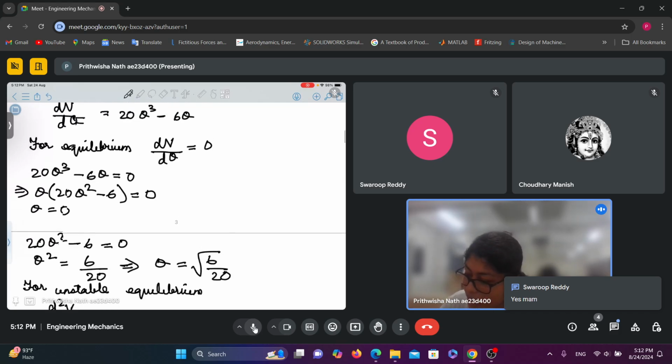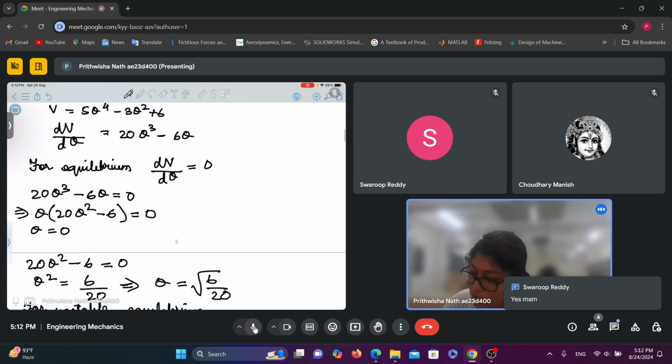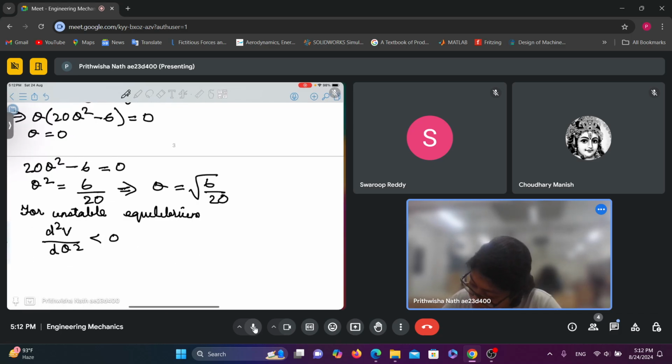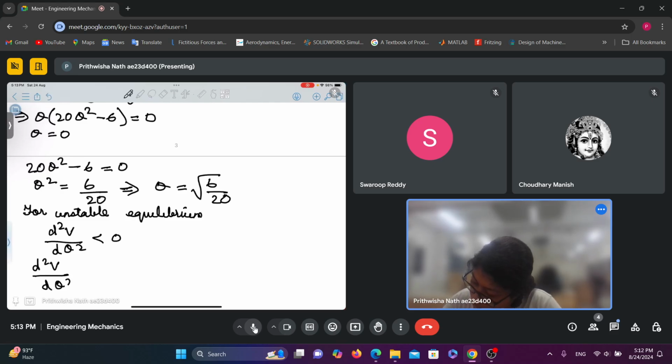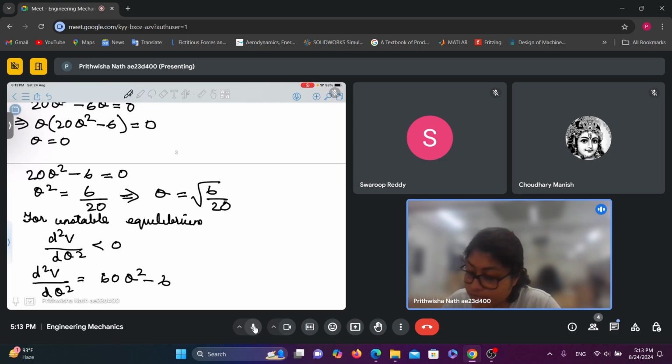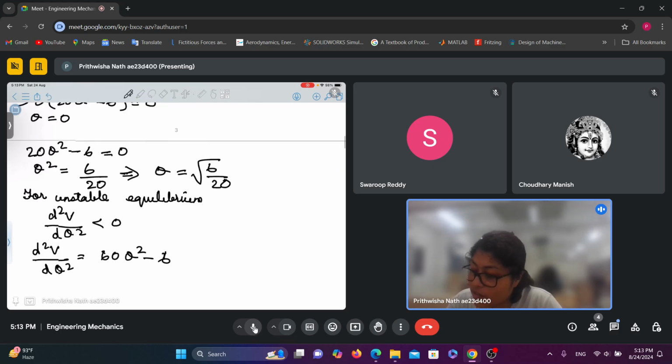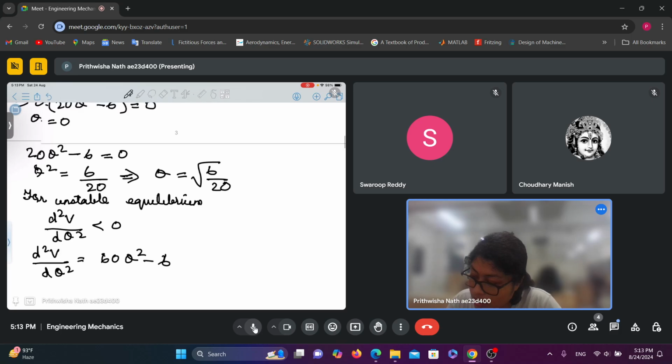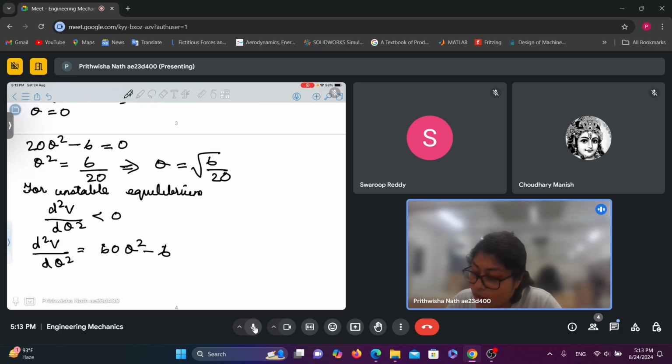Okay. Now I will differentiate this expression once again. So this becomes 60 theta square minus 6. Now I know the values for theta, right? 0 and square root of 6 by 20. So which of these values will give this expression less than 0? Of course theta equals 0 will give.